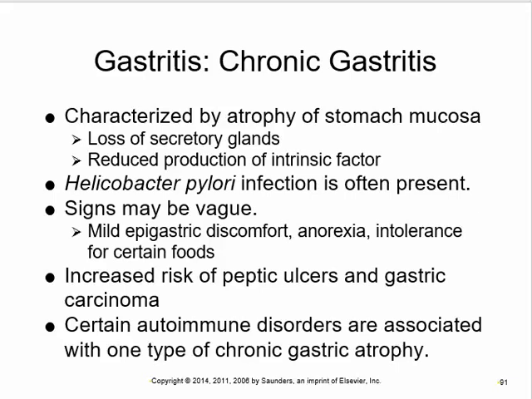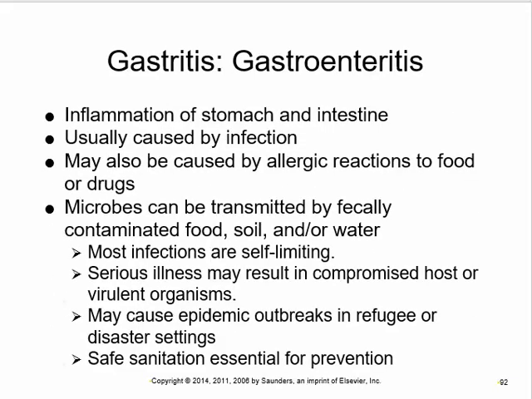Gastroenteritis is when there's inflammation of the stomach and the intestines. It's usually infection. This is the classic Montezuma's Revenge traveler's diarrhea. Can be allergic reactions to food or maybe drugs.